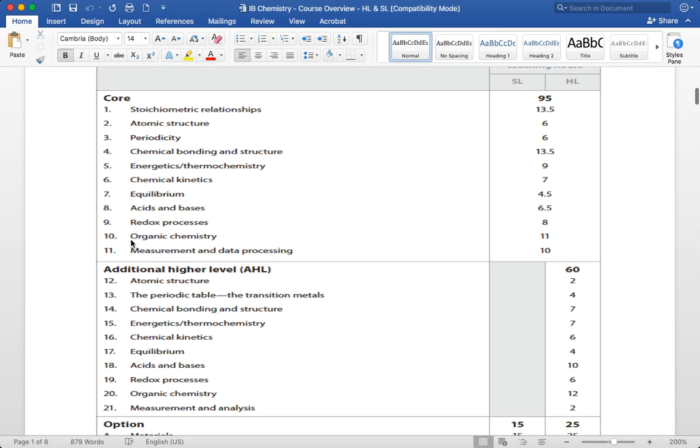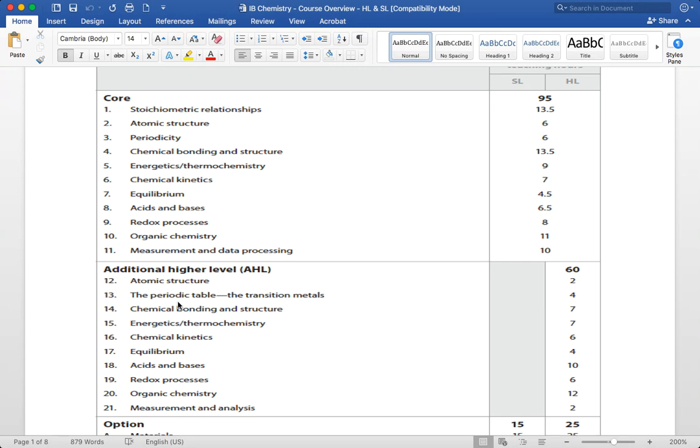And then you can see that for the HL, for example, topic 2 is atomic structure. Well, topic 12, so add 10 to that number, and you get the additional higher level material that's also on atomic structure. Then we've got periodicity, being about the periodic table and the periodic trends, which is topic 3. Topic 13 is the higher level material on the periodic table, which focuses on the transition metals.